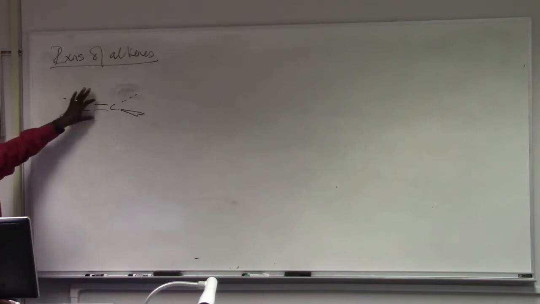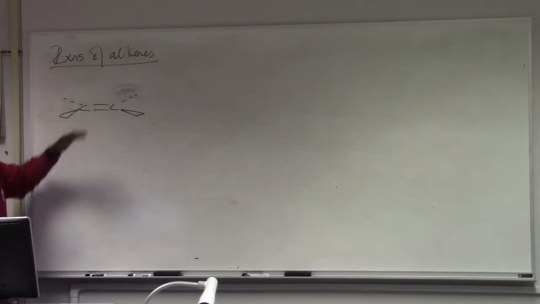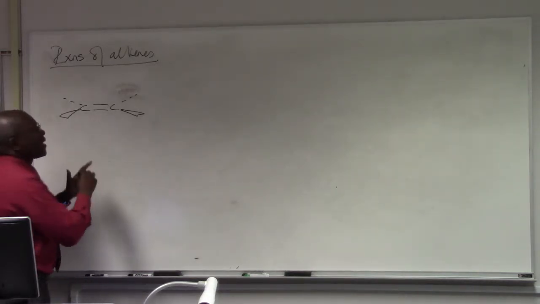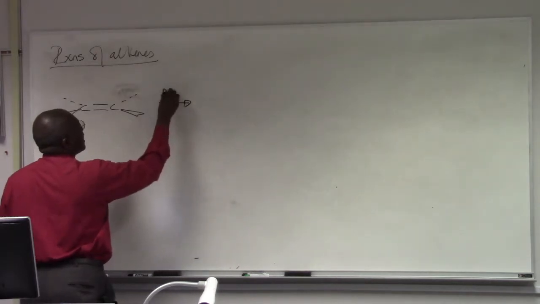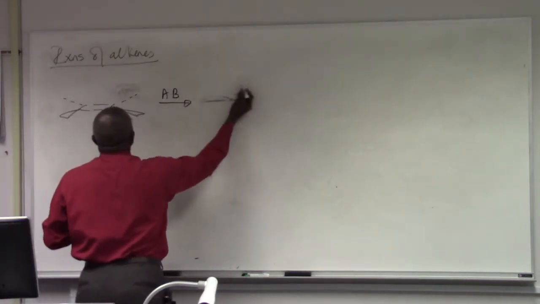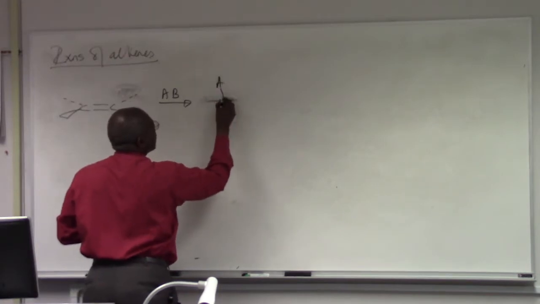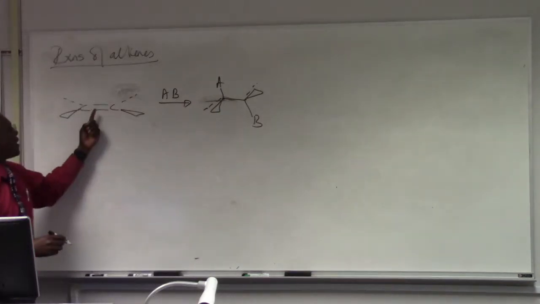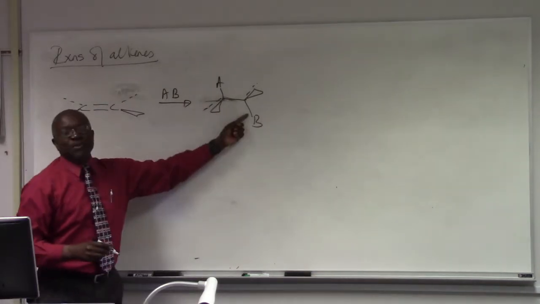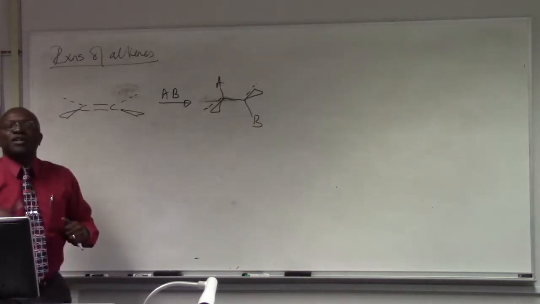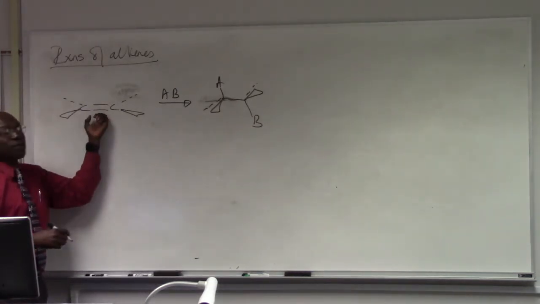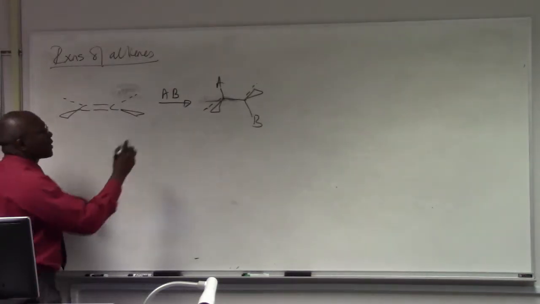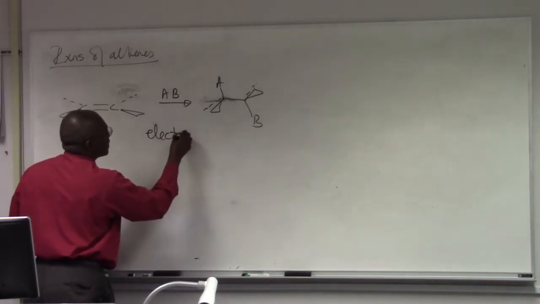In addition, the carbon-carbon double bond promotes addition reactions because the pi bond is weak, and what this system would want to do is react with A-B to generate A, B. So basically, I'm going to replace a pi bond and a sigma bond by two sigma bonds. So alkenes tend to undergo addition reactions fairly readily. Because they're nucleophiles, the species that attacks them, the A-B species, will have to be an electrophile. So typically what we see with alkenes is electrophilic addition.